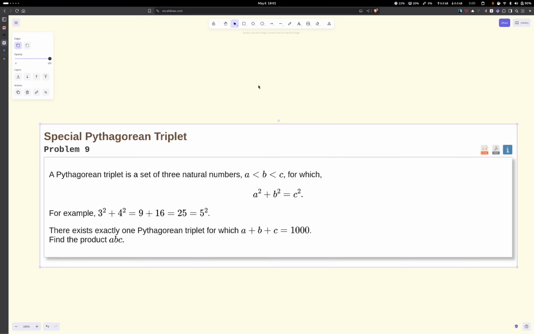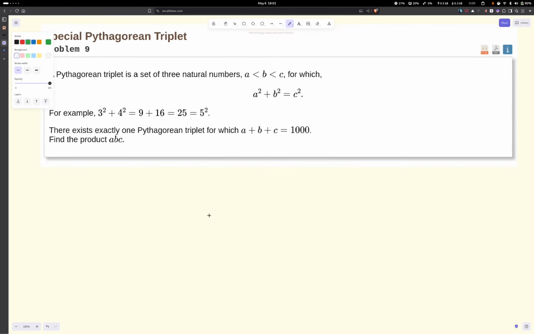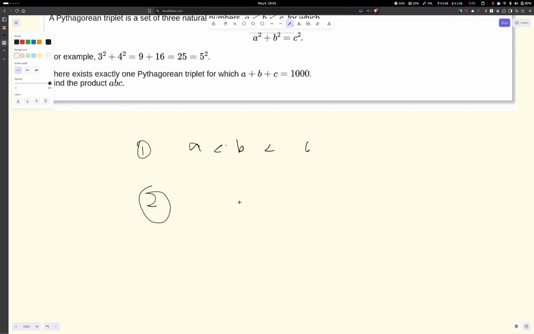I think what this is saying is fairly self-explanatory, but for any numbers a, b, and c, we have condition 1, a is less than b is less than c, and 2, the squares of a and b add up exactly to the square of c.